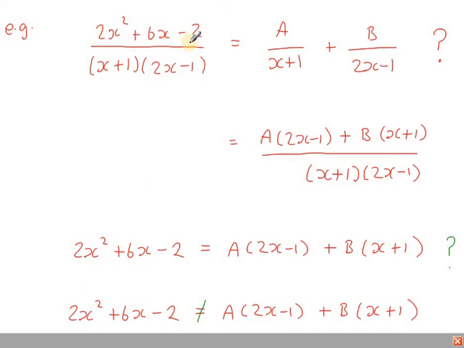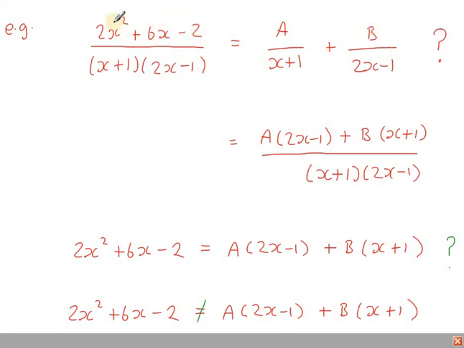So degree 2 and degree 2 again for the denominator. The numerator should have a degree of x which is lower than the denominator to make your partial fractions. It must be lower. So if the denominator is quadratic, the numerator should be linear or just a constant. So this is an issue at the moment.